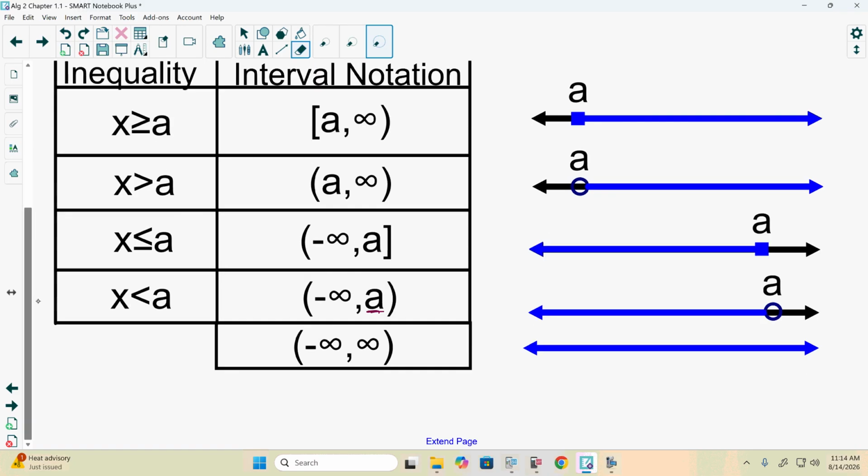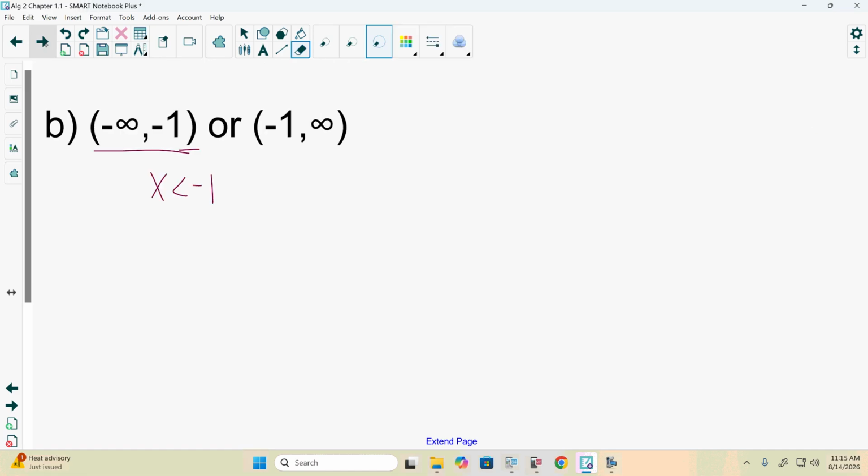Which means this A is going to become, like I said, this chart, these four describe all unbounded intervals. I just had to match it up and see what was taking the place of A. It tells me X is less than -1.